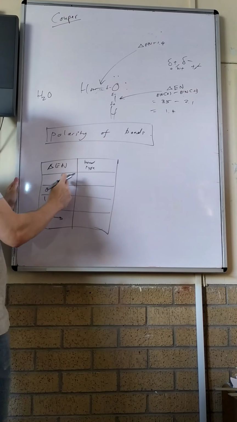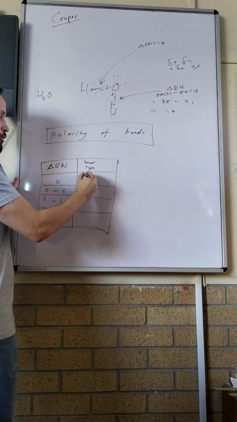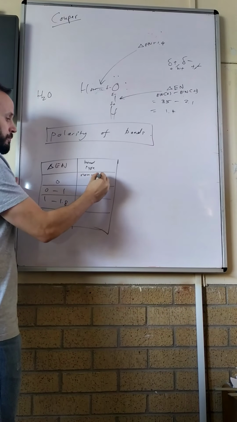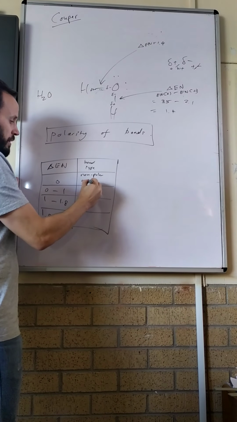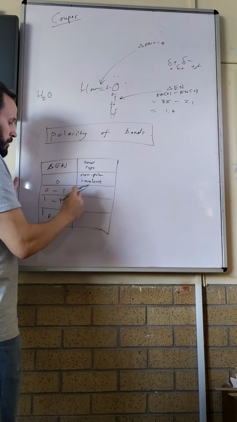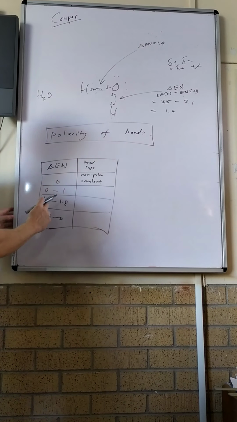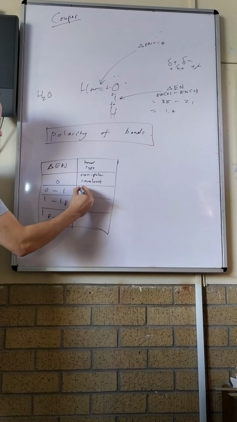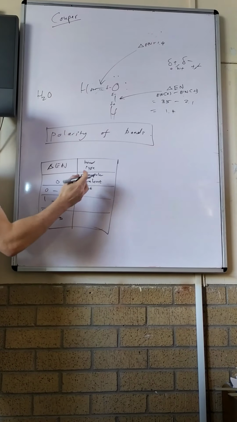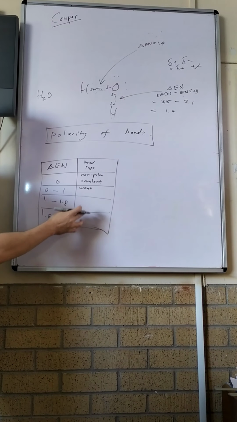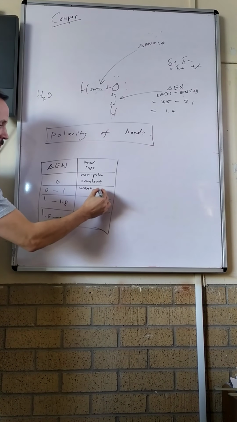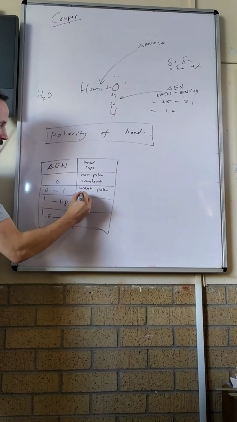Okay, so one type. If it's 0, it's non-polar covalent. If it's between 0 and 1, it's weak. Or you can say weakly or weak, doesn't matter. Weak or weakly polar covalent.